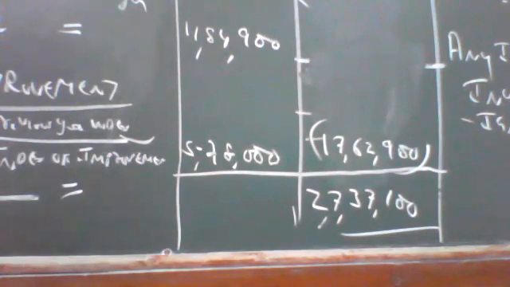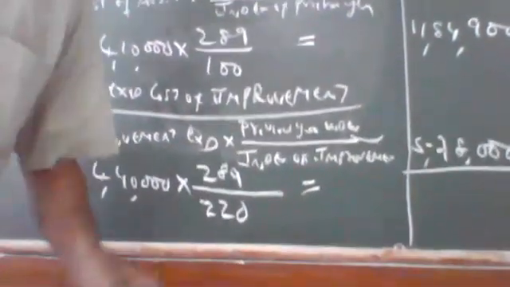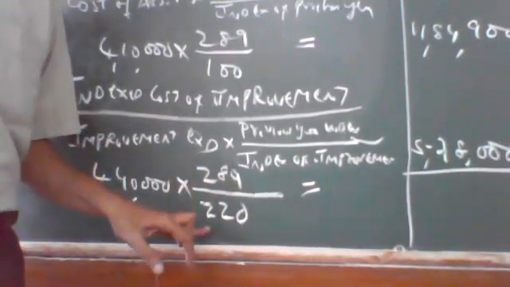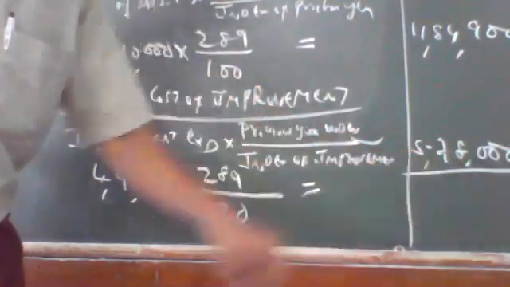He spent 4,40,000 into last year index 289 divided by index of improvement year, 2013-14, already given the index value 220. You will get the value of 5,78,000.